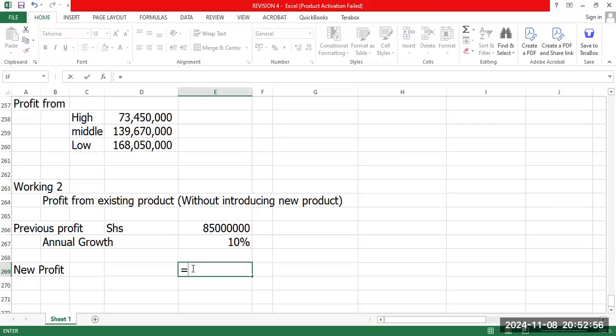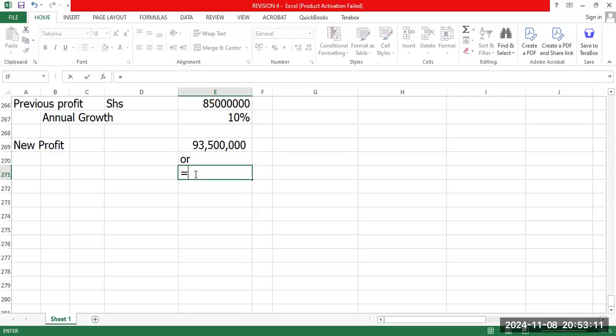I can simply get 1.1 times this, or you get previous profit, add the 10% times the previous profit.